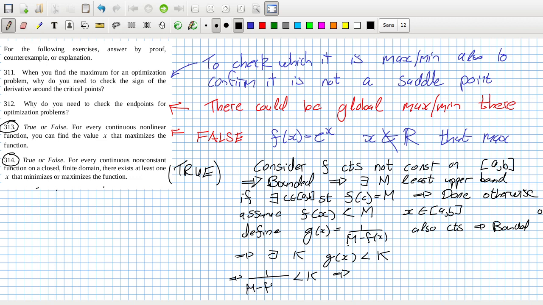And that makes my life easier, because then when I cross multiply, I just have 1 is less than kM minus k f(x), which means f(x) is less than M minus 1 over k.